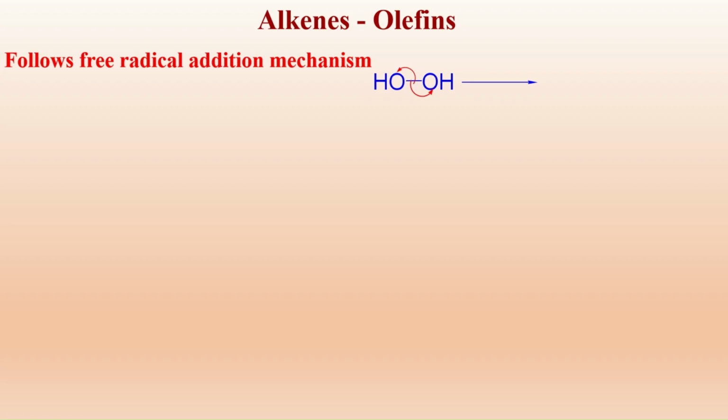When the O-O bond breaks, the electrons are shared equally. Each OH gets one electron and it gives rise to OH free radicals. Carbocations, carbanions, carbenes and nitrenes are formed due to heterolytic cleavage of the bond, and they are either electron rich or electron deficient.